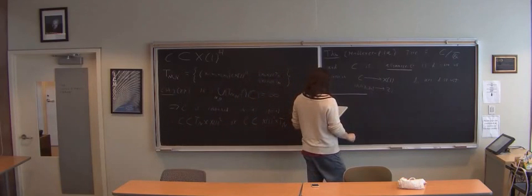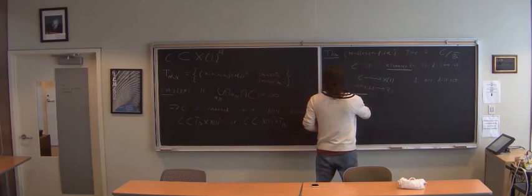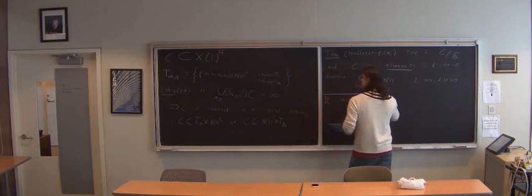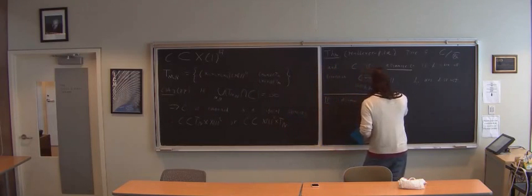So let's first assume the conclusion is false. So assume the conclusion is false for contradiction.